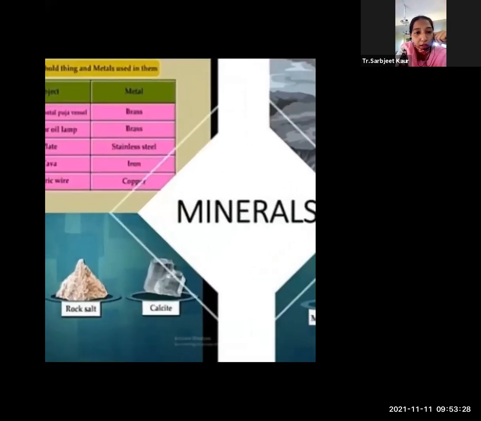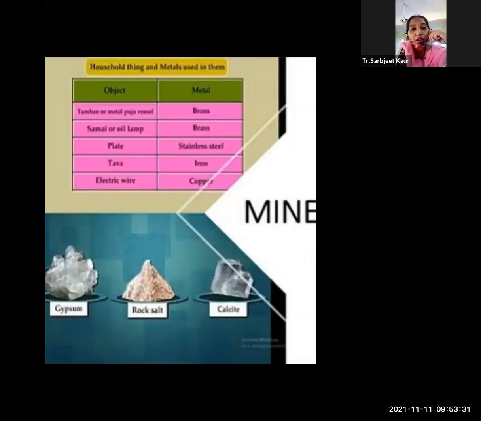In the chart you can see the object's name: tamhan or metal puja vessel. This is made up of brass. Samai or oil lamp. The oil lamp which is at home, what is it made of? Brass. Okay, plate which we are using in our day to day life, it is made up of stainless steel. Okay, tawa and dosa tawa. It is made up of iron.